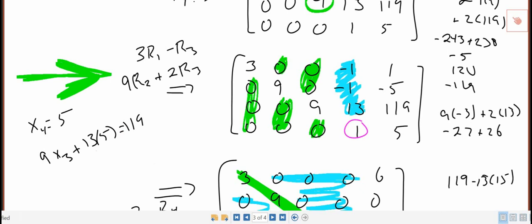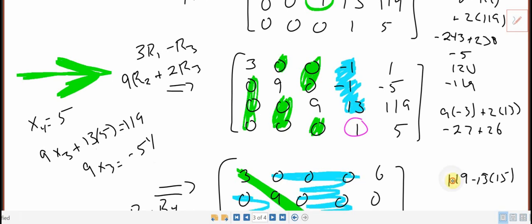Minus 13 times 5, 13. But I'm getting 9x3 equals 54. Okay, so I do have a mistake somewhere in here.